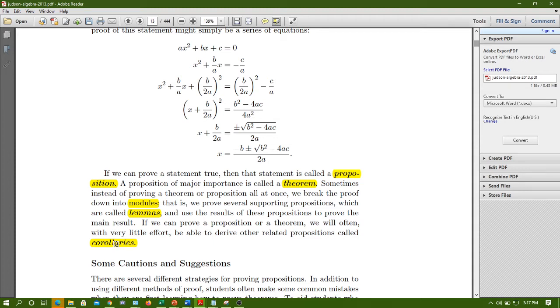Imagine a theorem is a much bigger concept. If we can prove a theorem or a proposition, then we can also derive other related propositions out of that big theorem, and we call them corollaries. So you have statement, mathematical proof, proposition, theorems, modules, lemmas, and corollaries.